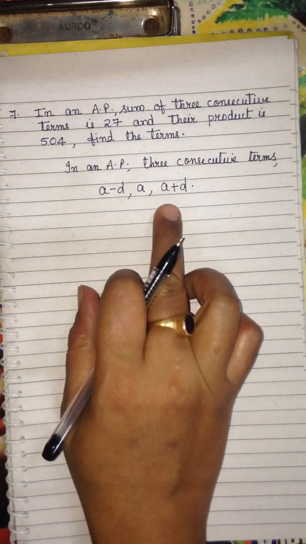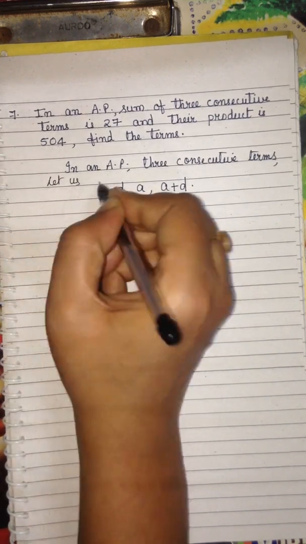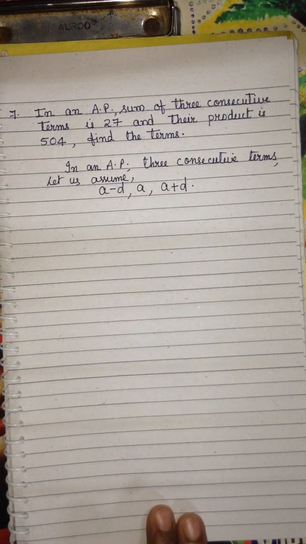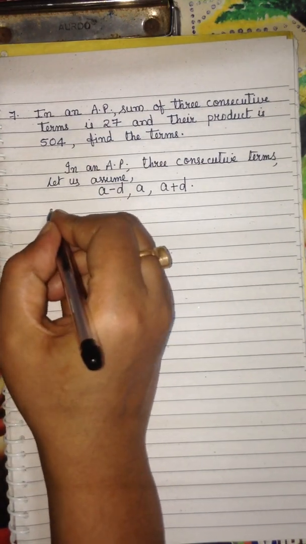This sequence should not change, so let us assume that the three consecutive terms are a minus d, a, and a plus d. What is the condition given now? Let us see, children.